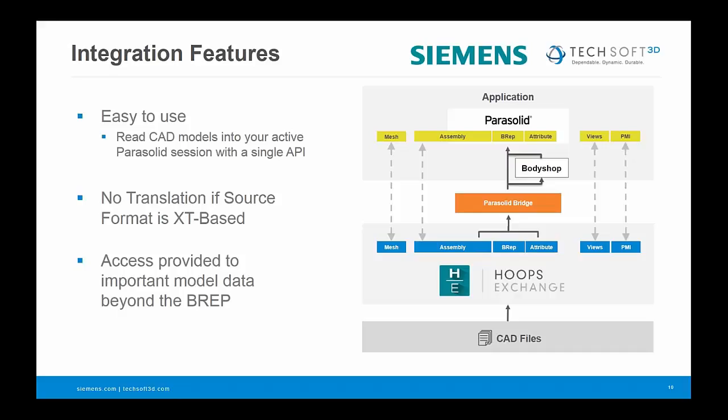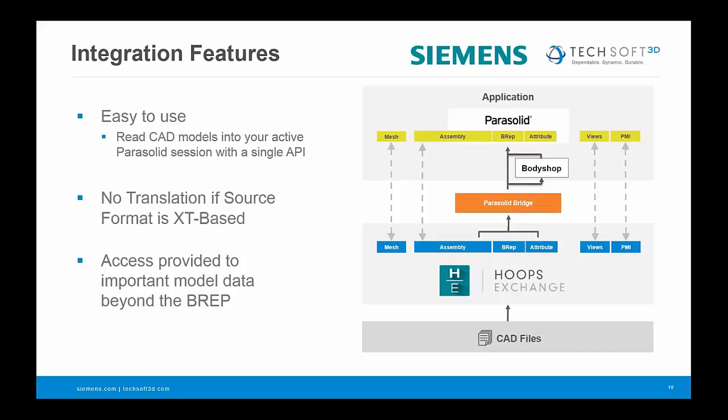They allowed us to include that with the bridge, so we use that internally, and that really helps address some of these translation issues, particularly with IGES and STEP data. The combination of Parasolid and Body Shop has a lot of capabilities around sewing things together, and it works very, very well.